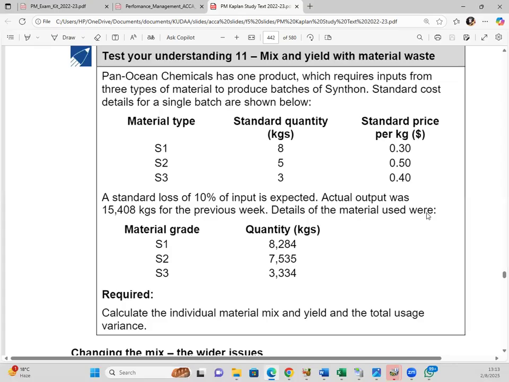So are you done now? I have the answers. Any for the material mix? 284 adverse.